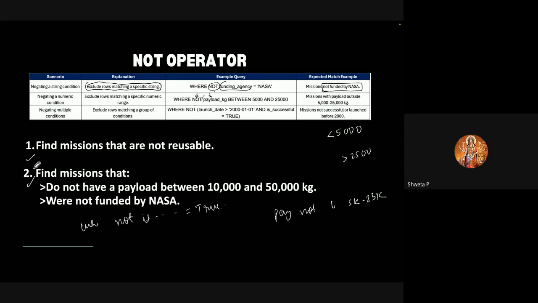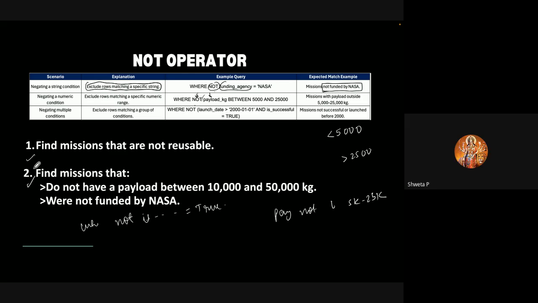Correct? Yeah, correct. But I'm saying for the first, that are not reusable. In that Excel sheet we have the variable as is underscore reusable, and the values are true or false. So what will you do? Where not is reusable equal to true? No, actually, sorry, I'm confused.